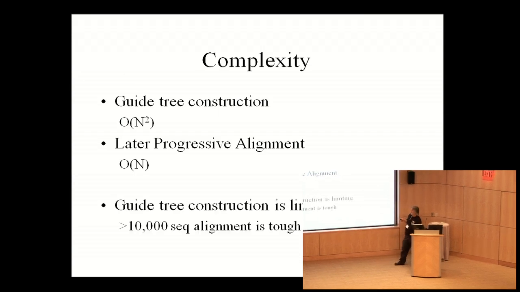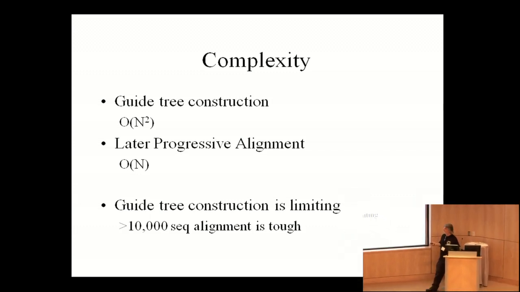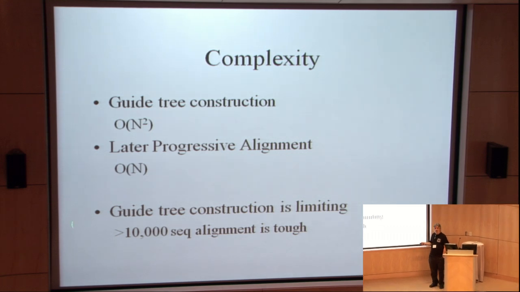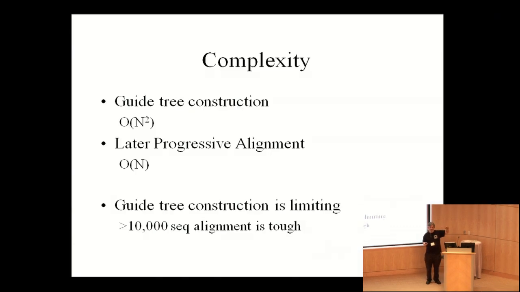So the surprising thing then is that it's the guide tree that stops this scaling to huge multiple alignments. Up until recently, it's kind of tough to do automatic alignments of more than 10,000 sequences. The various packages out there claim they can do it, but you usually have to press all of the buttons on the command line, like minus fast, minus very, very fast, minus no iteration, to really tweak it, and then stand back and wait a long time sometimes.